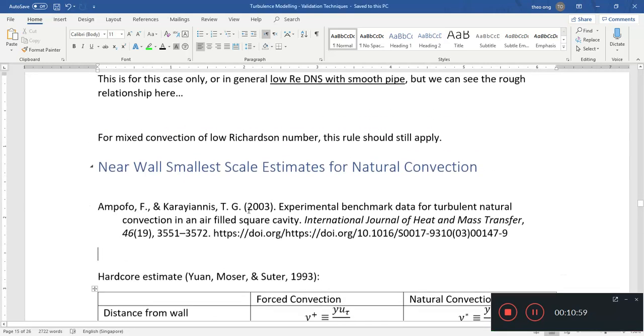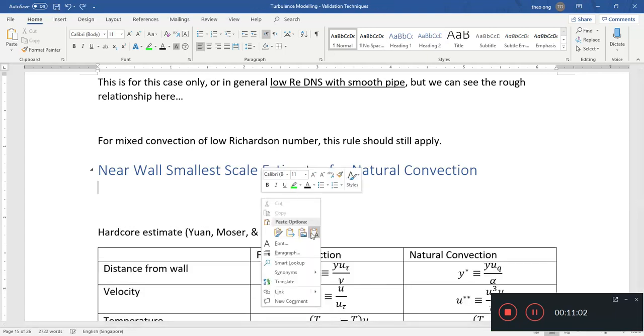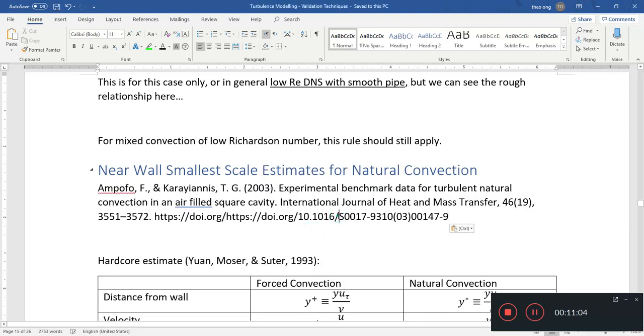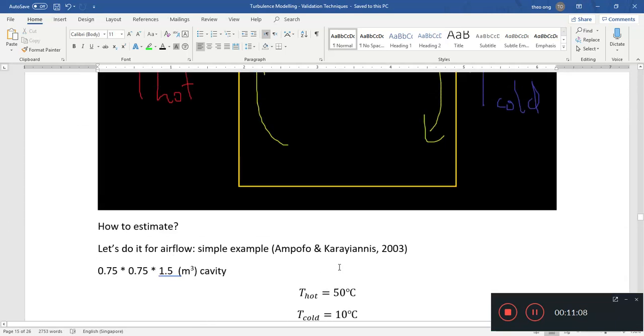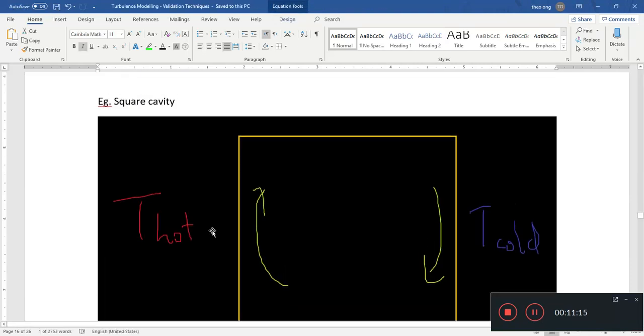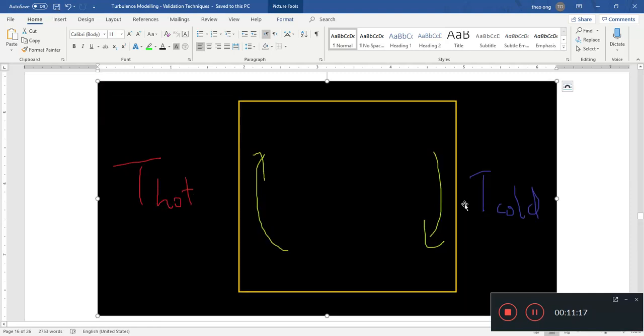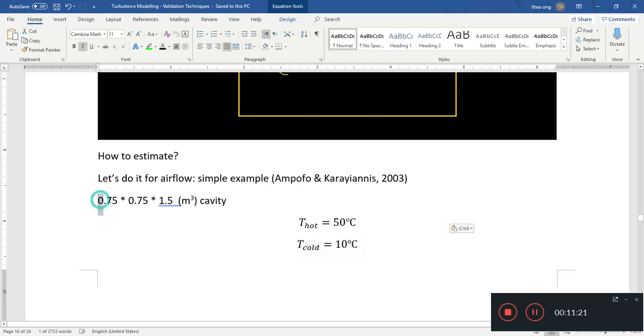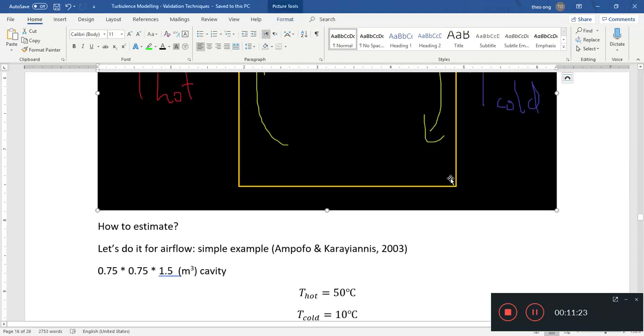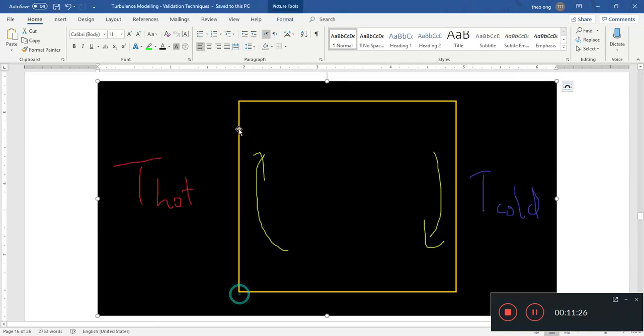Okay, this is very important. It's very important because it's experimental data, so we have something concrete to compare to. So we have our hot side temperature to be 50 degrees C, cold side temperature to be 10 degrees C, and the cavity is actually 0.75 meters wide, 0.75 meters high, and 1.5 meters deep.